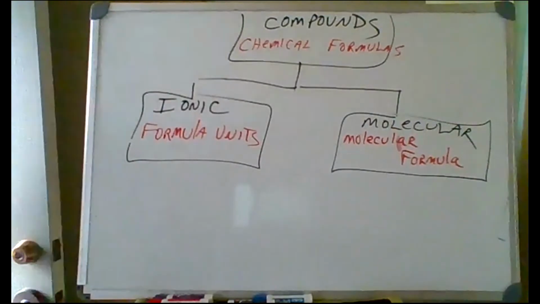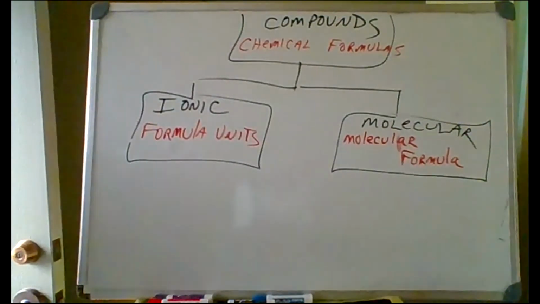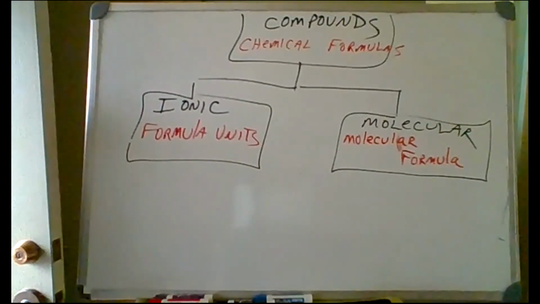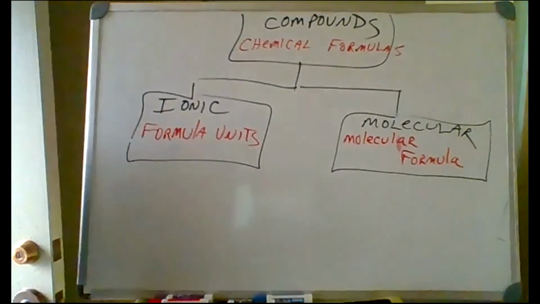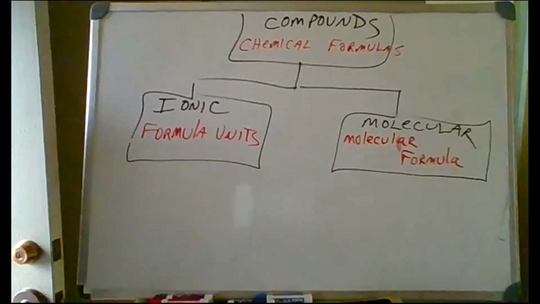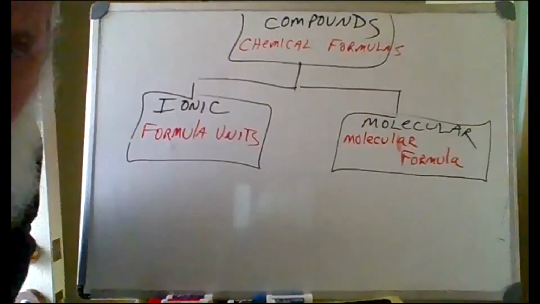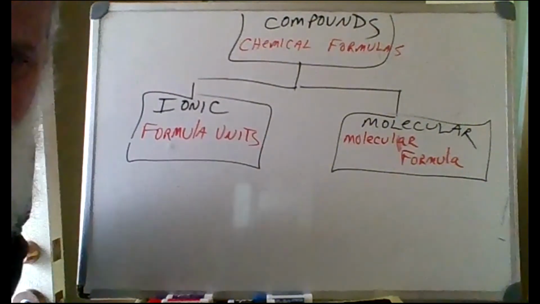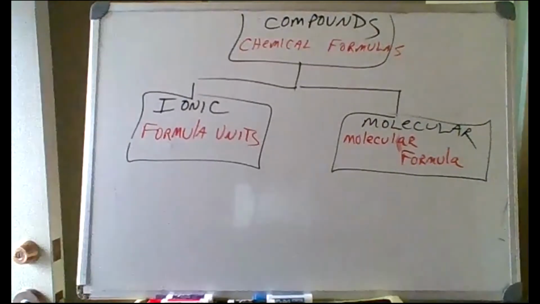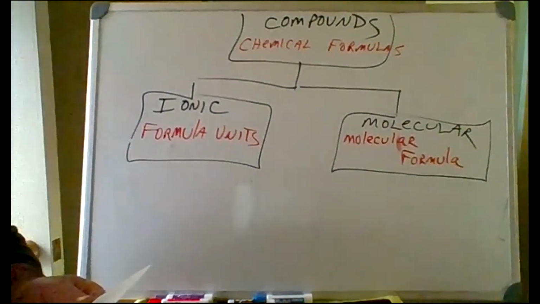I'll say it again. The molecular formula represents the actual number of atoms of each element in one molecule of a molecular compound. It indicates the actual number of atoms of each element in one molecule of a molecular compound. Do I need to say that one more time?